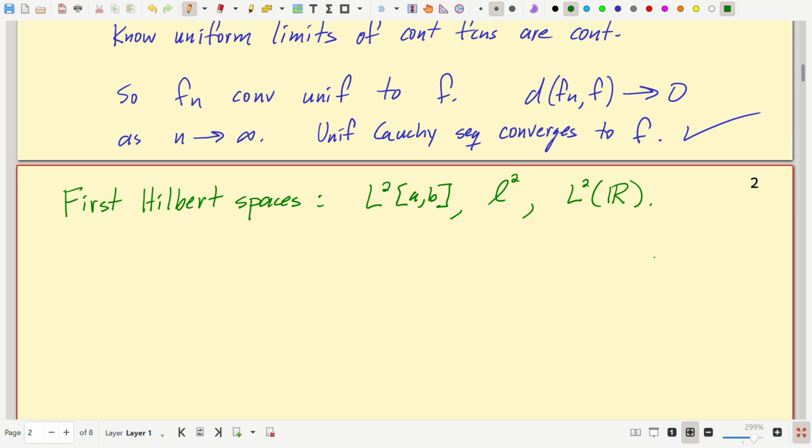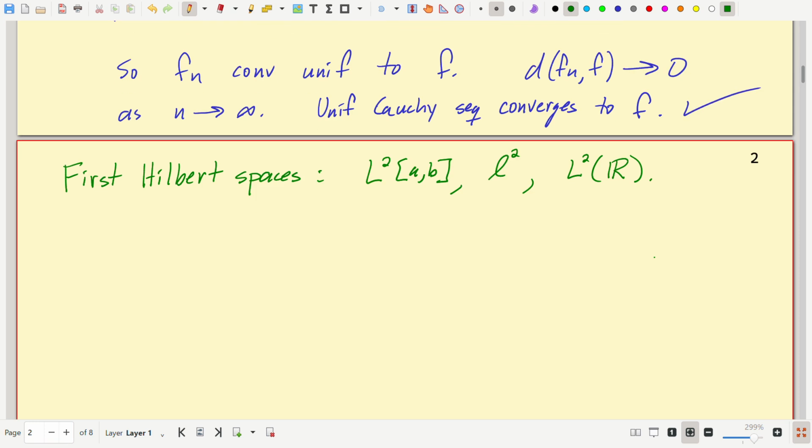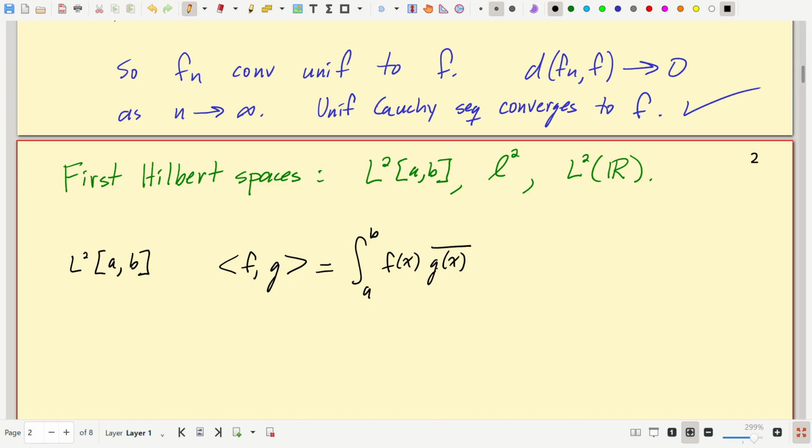Okay, so Hilbert spaces have an inner product. Let me write the inner products, first for L2 on [a,b]. The inner product of two functions is the one we've been using in our Fourier series business. If they were complex valued, you'd need a conjugate in the second variable.